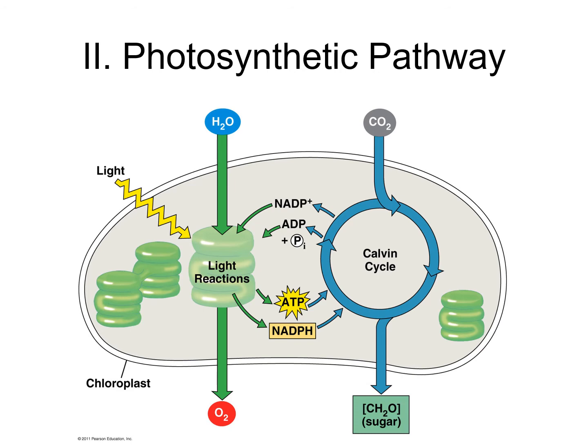That is what I refer to as the light-dependent reactions. On the right side, we have the pathway by which CO2 is fixed. I refer to that as the light-independent part of the pathway. And notice the two are linked. The products of one become the reactants of the other, and vice versa.